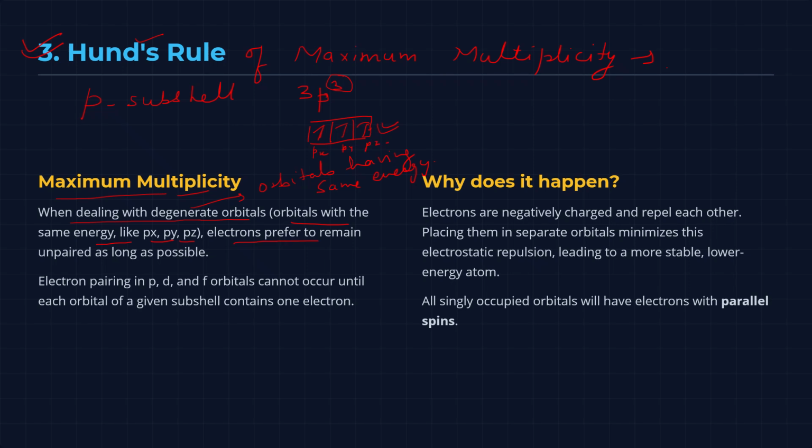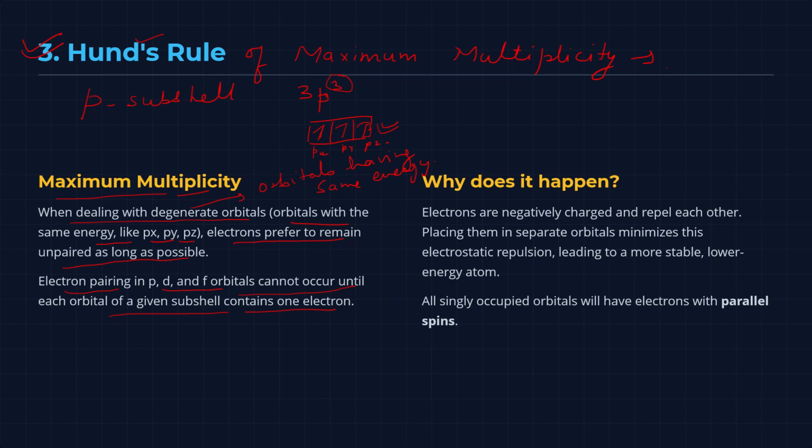Now electrons prefer to remain unpaired as long as possible. First we will fill the electrons in the unpaired form, and only if more electrons are left will we start pairing. So electron pairing in p, d and f orbitals, which have more than one orbital, cannot occur until each orbital is singly filled or contains one electron each. So we have to remember, what does Hund's rule of maximum multiplicity show?